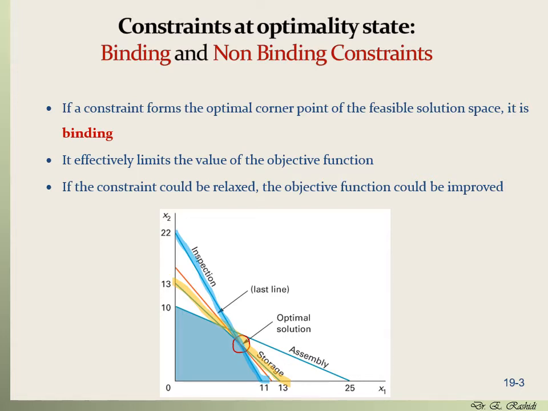So these two constraints, the inspection constraint and the storage constraint, are called binding constraints. On the other hand, the assembly constraint here does not form the extreme point of the optimal solution. So the assembly constraint here is a non-binding constraint.